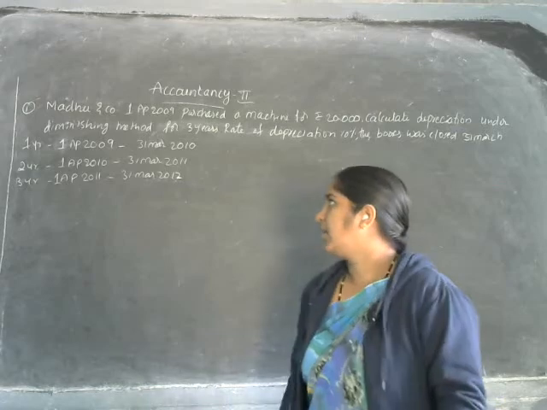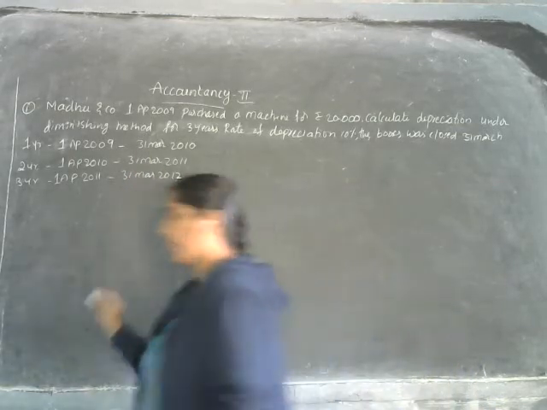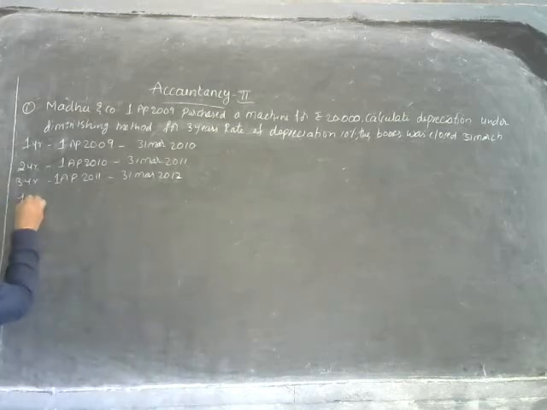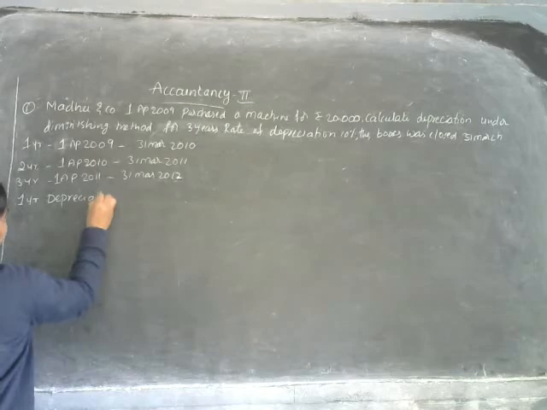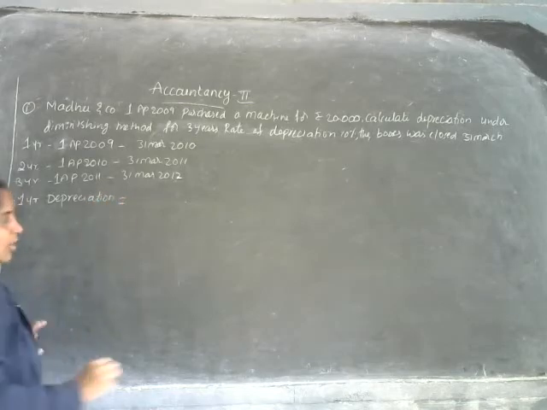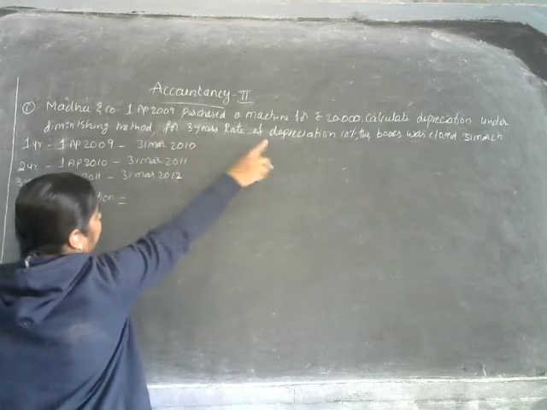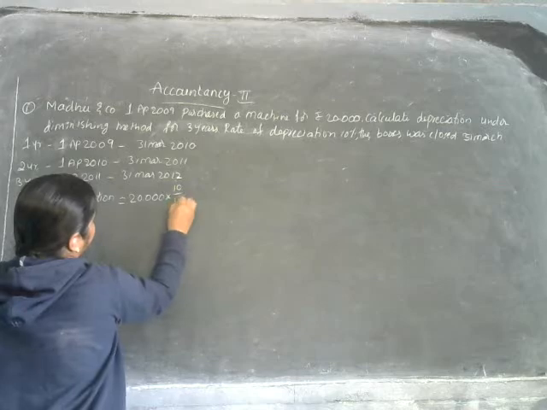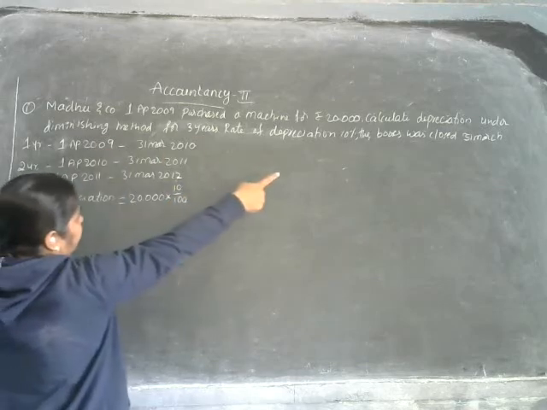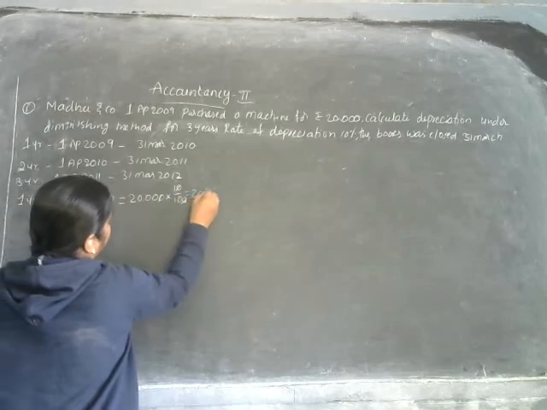Okay. Then come to the first year, and we have to calculate depreciation in the first year. How to calculate? Cost of the asset into rate by 100. What is the cost of the asset here? 20,000, into rate of depreciation 10%, that is 10 by 100. It becomes how much? 2,000.